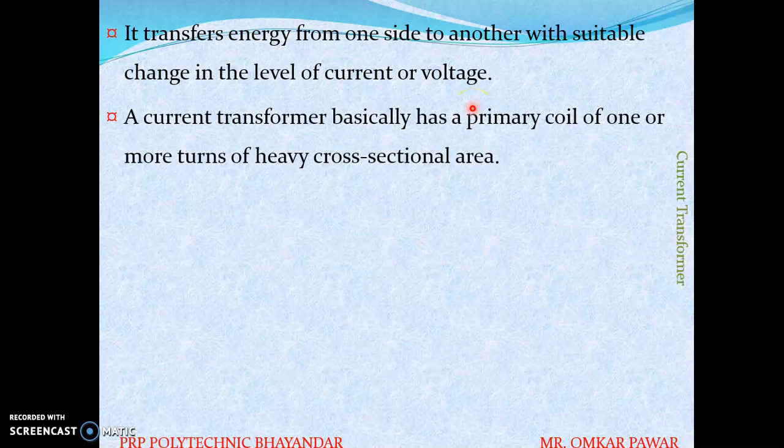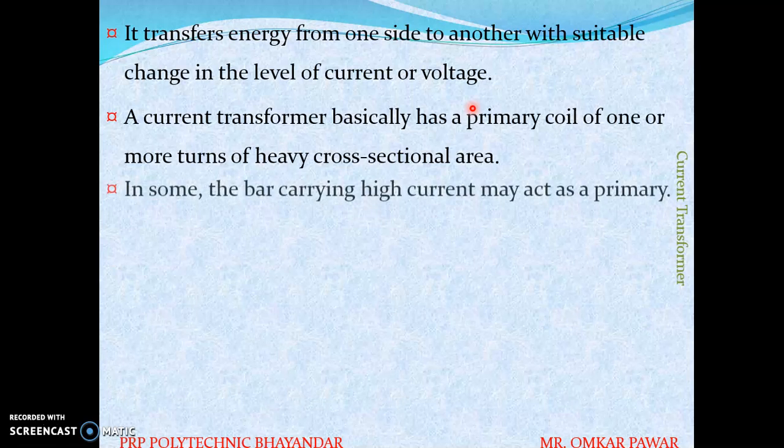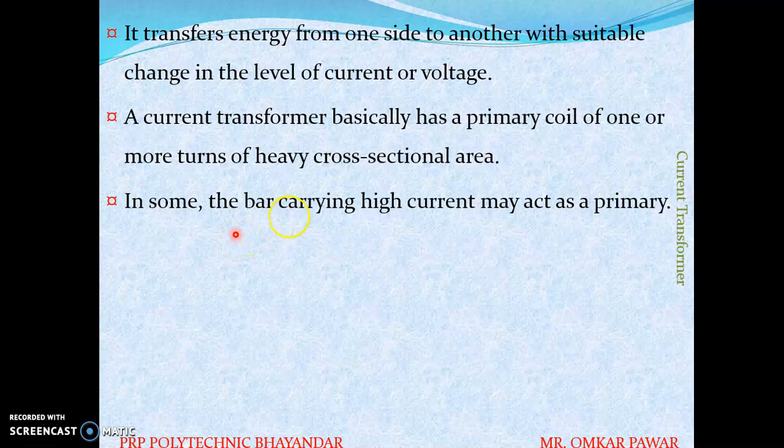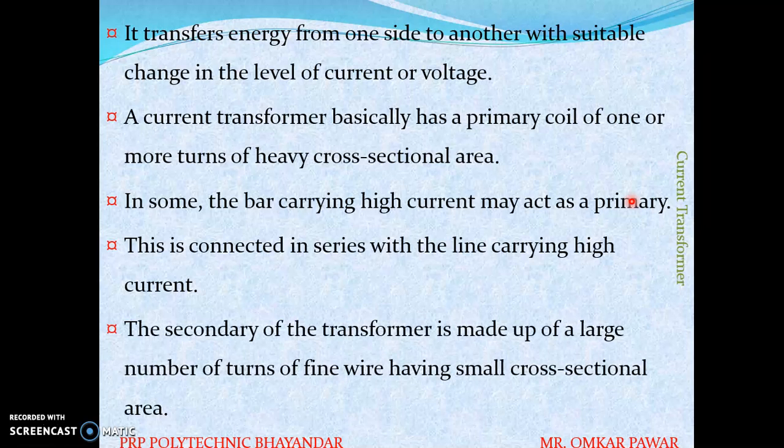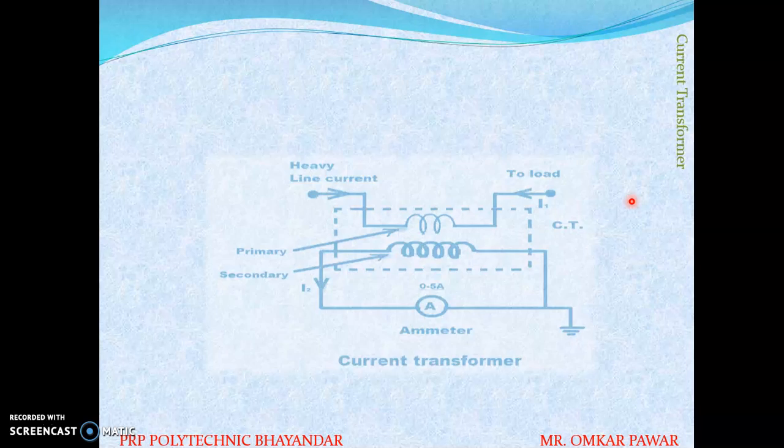A current transformer basically has a primary coil of one or more turns of heavy cross-sectional area. In some, the bar carrying high current may act as a primary. This is connected in series with the line carrying high current. The secondary of the transformer is made of a large number of turns of fine wire having small cross-sectional area.